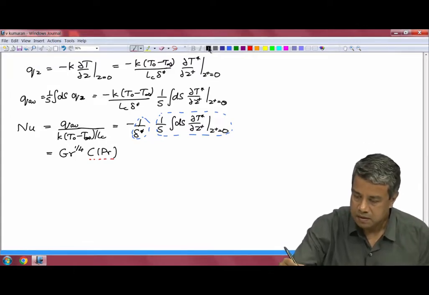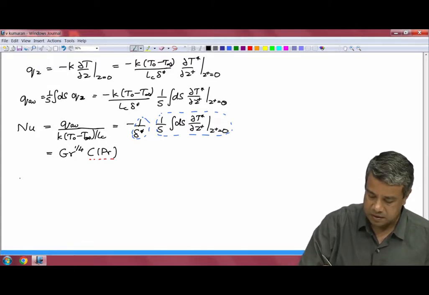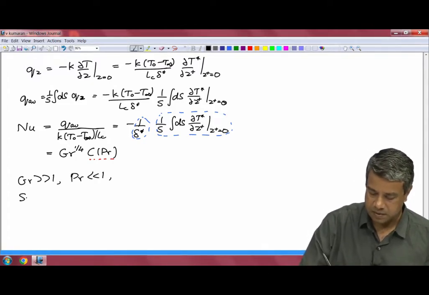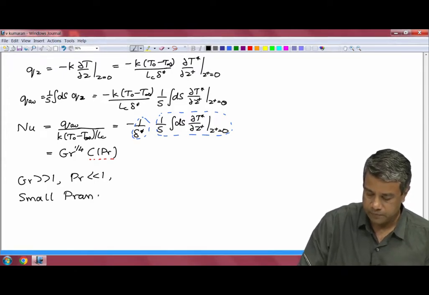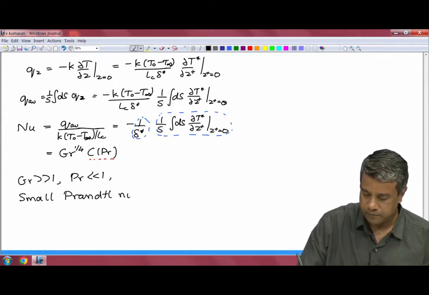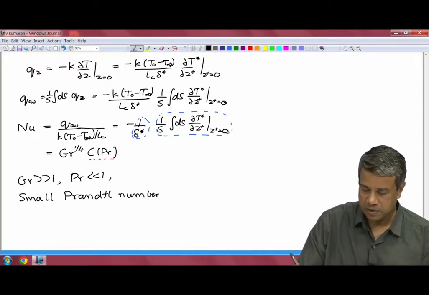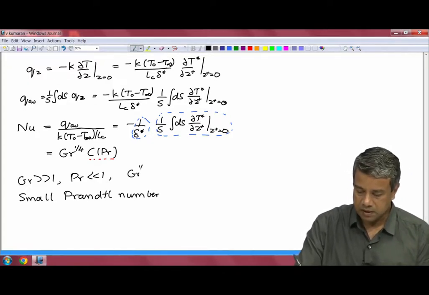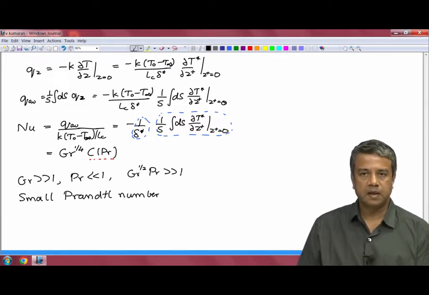The first case is if we consider Grashof number large, Prandtl number small. So, this is the small Prandtl number limit. However, we require that Grashof number to the half times the Prandtl number has to be much larger than 1.